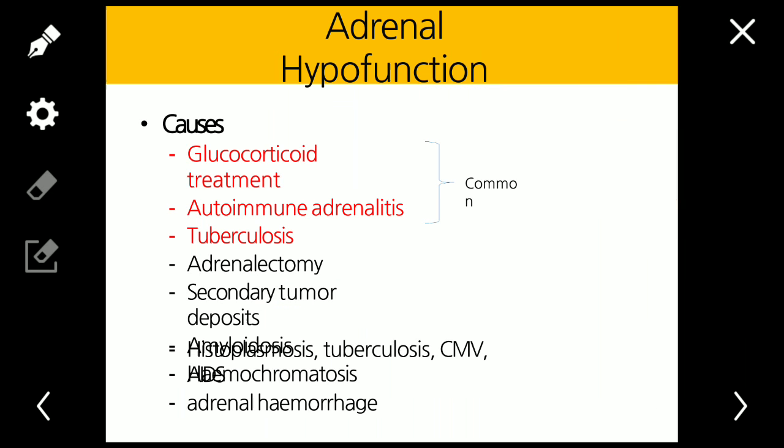The causes of adrenal hypofunction are excess glucocorticoid treatment, autoimmune adrenalitis and tuberculosis of the adrenal gland, adrenalectomy, secondary tumor deposits, amyloidosis, hemochromatosis, CMV or adrenal hemorrhage. All these can lead to adrenal hypofunction.